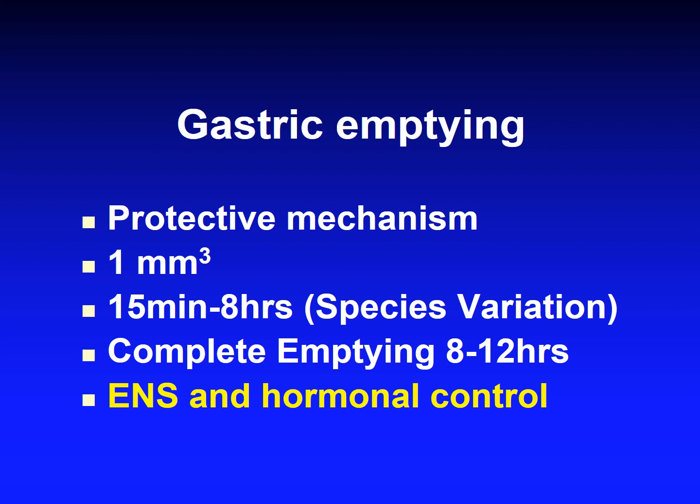It has been shown that complete emptying of the stomach occurs between 8 to 12 hours after a meal. So 8 to 12 hours is pretty much guaranteed that everything that you have consumed during that meal, the stomach will be completely emptied. And gastric emptying is controlled by the enteric nervous system, the ENS, as well as hormonal control.